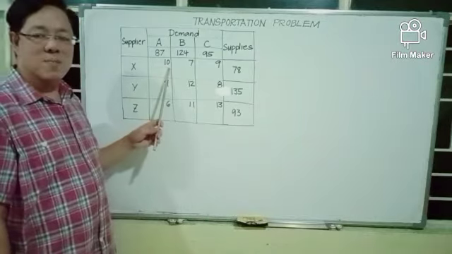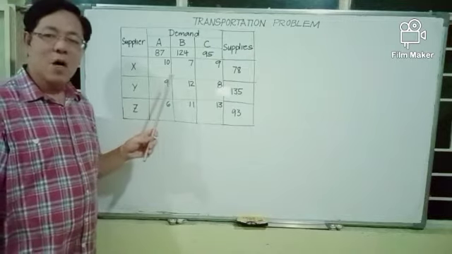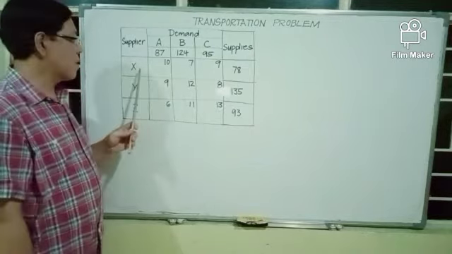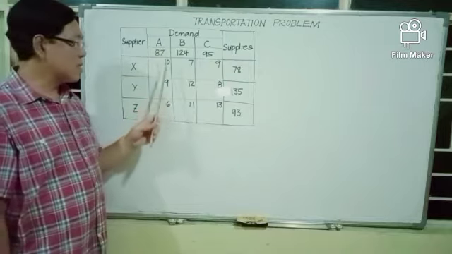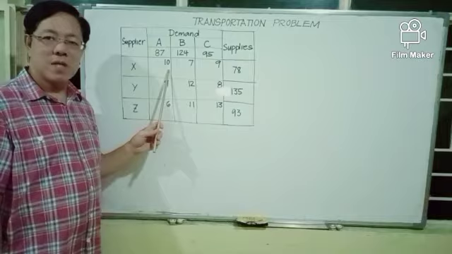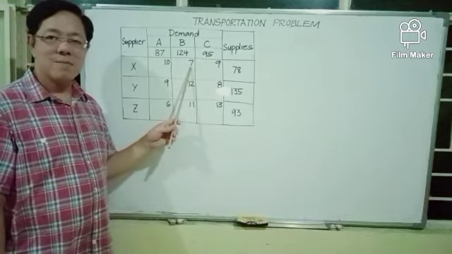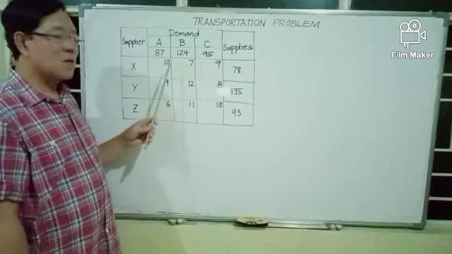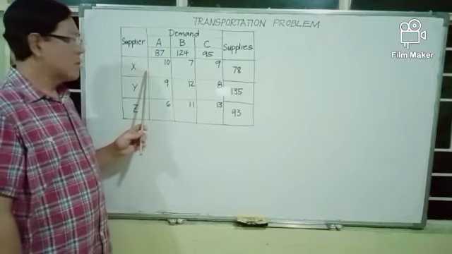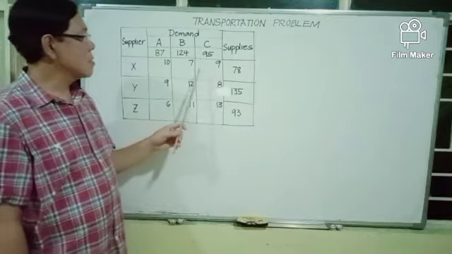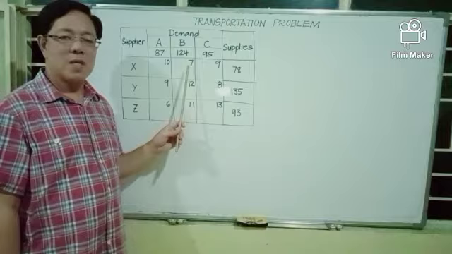The cell cost of 10 means that the cost of transporting one unit from supplier X to customer A is 10 pesos per unit. The cell cost of 7 means that the cost of transporting one unit from supplier X to customer B is 7 pesos per unit.